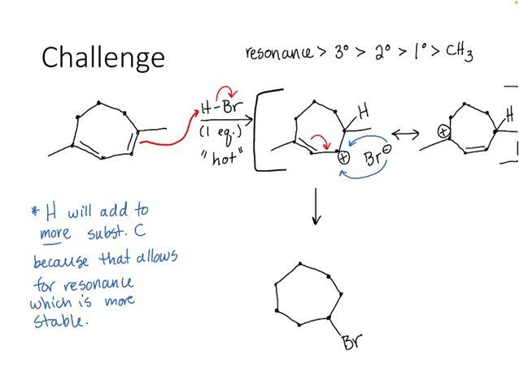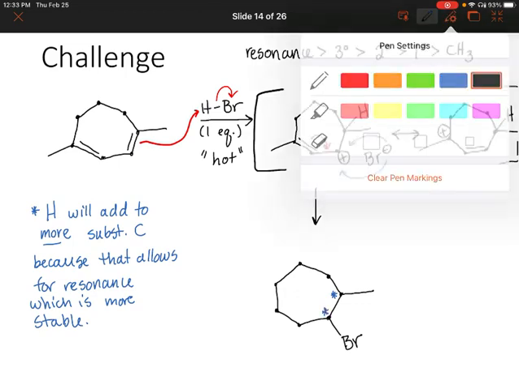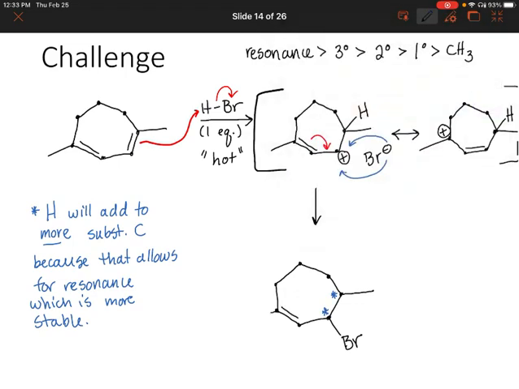Now, you might be wondering, isn't that a stereocenter? So shouldn't we be drawing a wedge or a dash? Yes, it is a stereocenter, but notice that the carbon up above is also a stereocenter. So we have two stereocenters, and then we still have our double bond.